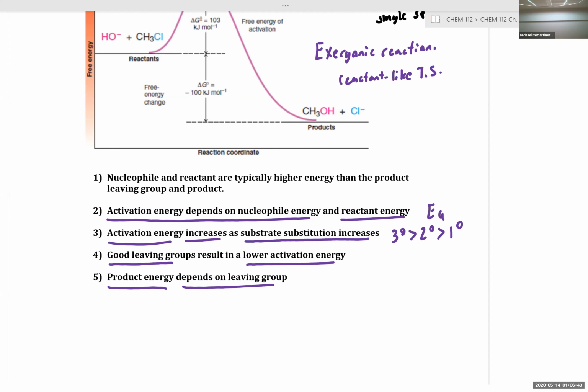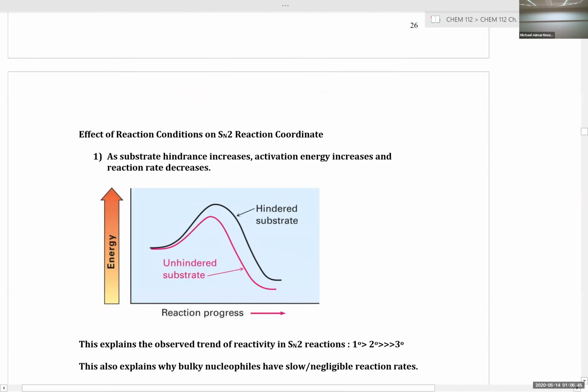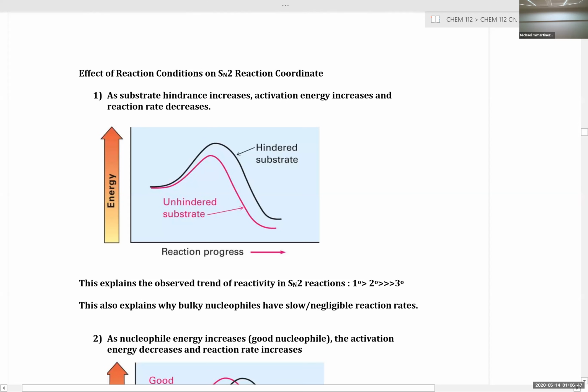Okay, let's now dissect this reaction diagram a little bit, and let's talk about the effect of steric hindrance. As our substrate hindrance increases, the activation energy increases and our rate decreases.